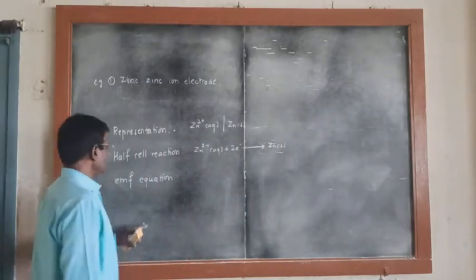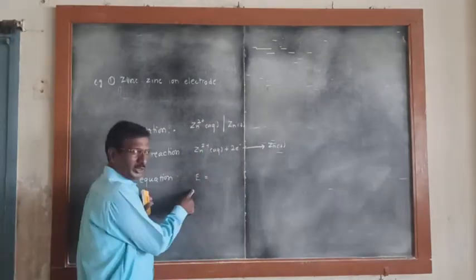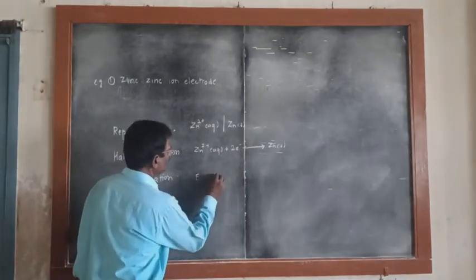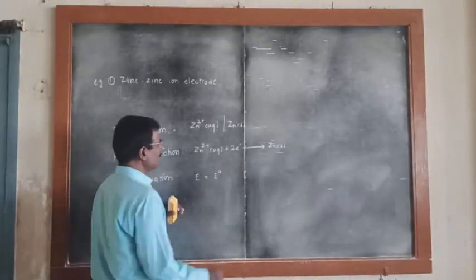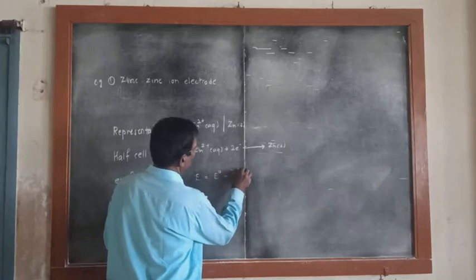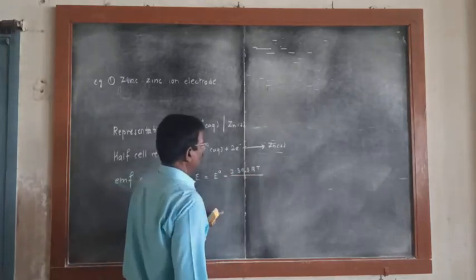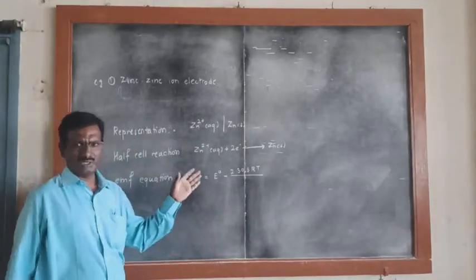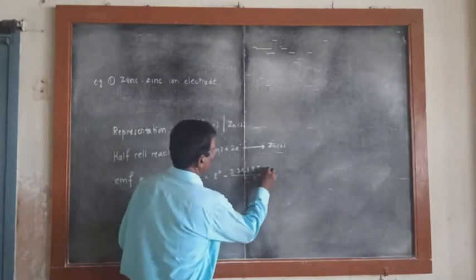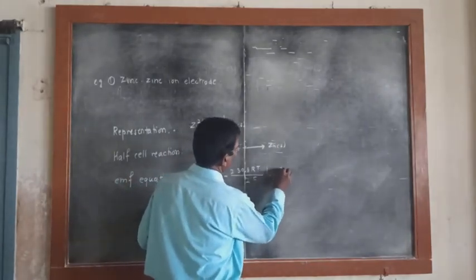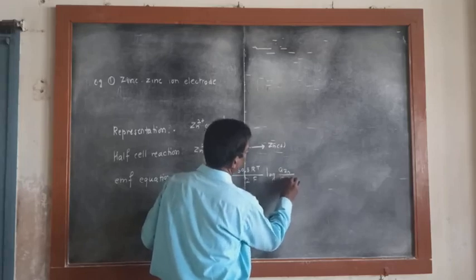Then EMF equation of this electrode is E, means electrode potential of zinc metal, is equal to E0, standard electrode potential of zinc metal, minus 2.303 RT upon number of electrons involved in the half cell reaction, which is 2, into F, into log of activity of Zn upon activity of Zn2+.